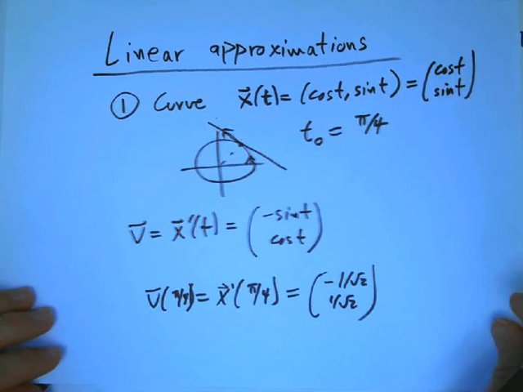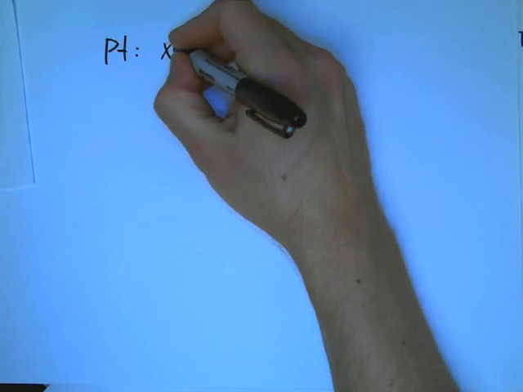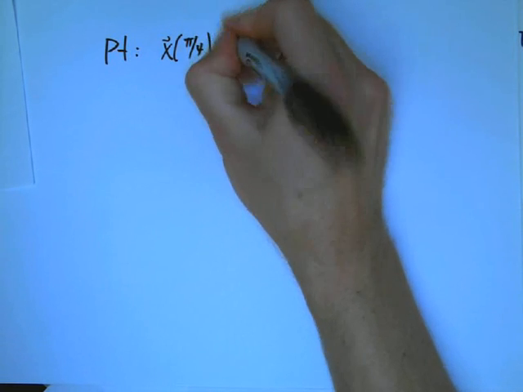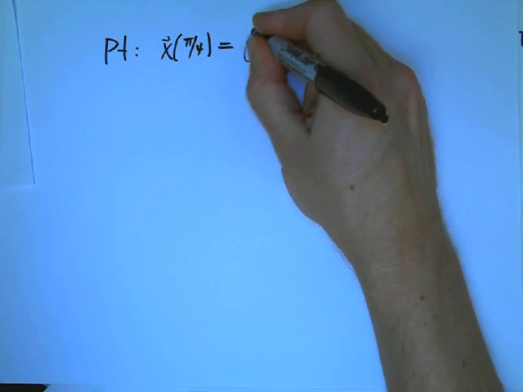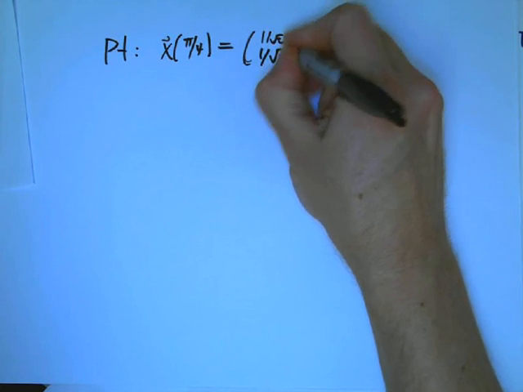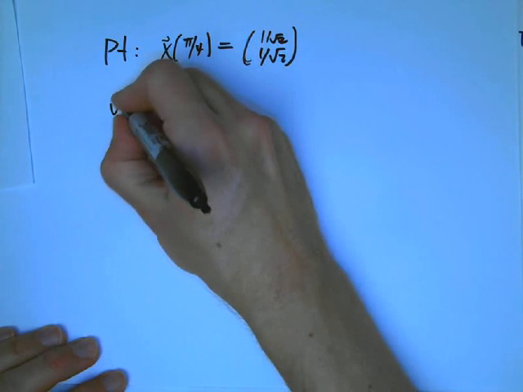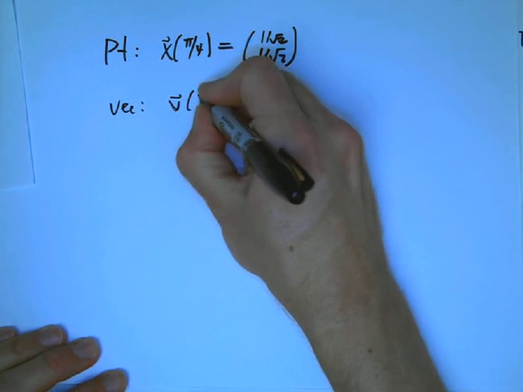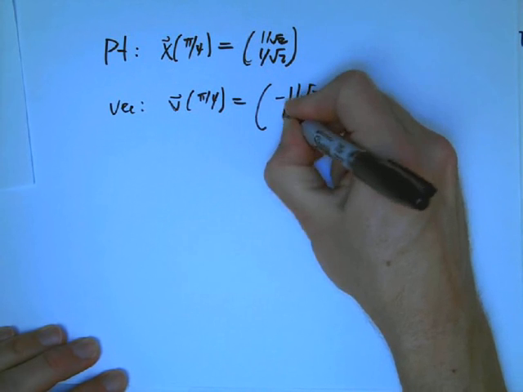We have the point, x of pi over 4, is equal to 1 over root 2, 1 over root 2. And we have the vector v of pi over 4, just recopied from what we did. And we know how to get the equation of a line from that.